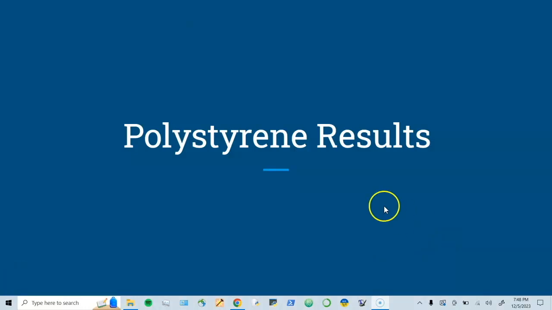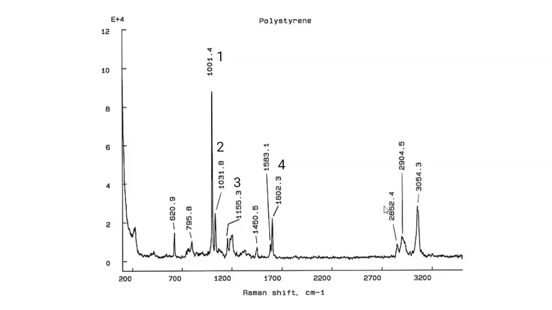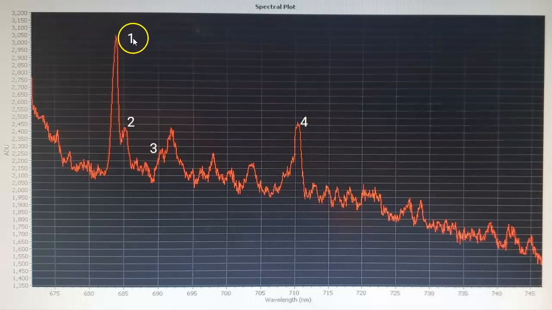First is polystyrene. This is an example of what a polystyrene Raman spectrum looks like in the literature, and we found corresponding peaks to the ones labeled 1, 2, 3, and 4. This first peak we have labeled 1. Our actual value was 683.6 nanometers.